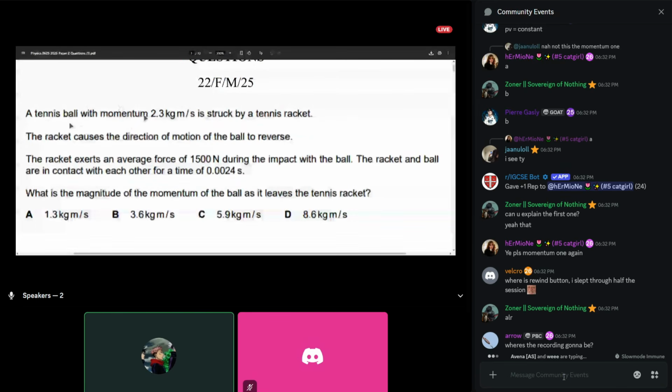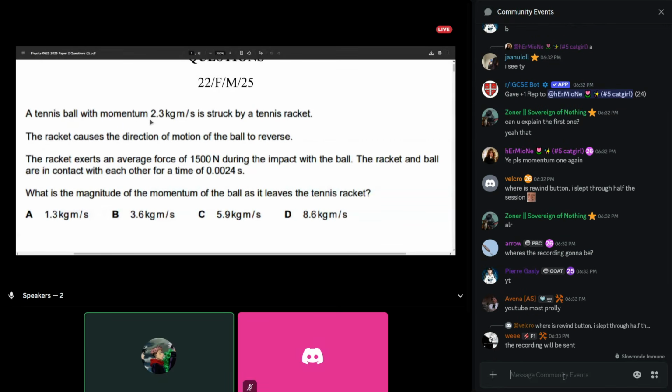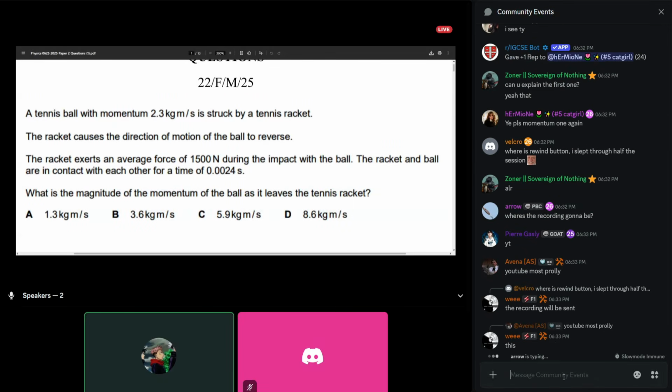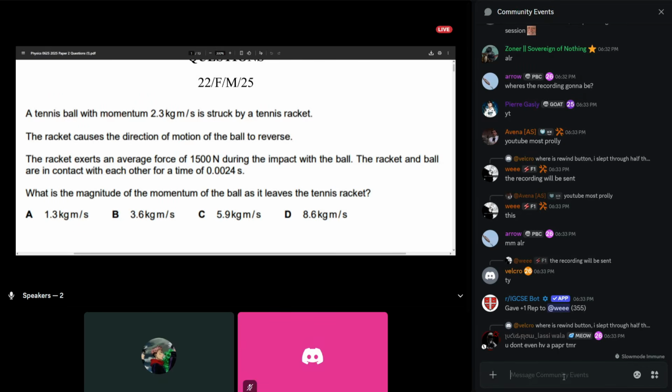Look, they said a tennis ball with momentum 2.3 kg meter per second is struck by a tennis club. It causes the direction of motion of the ball to reverse. Now they gave us the force and the time, which gives us impulse, right?